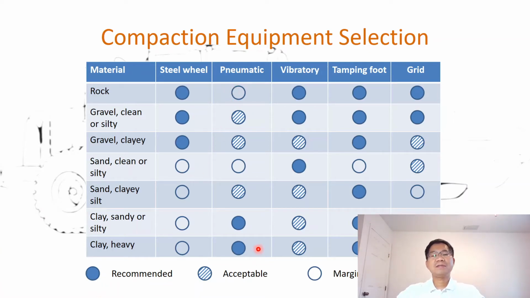For clay, it is pneumatic or tamping foot, and tamping foot can be applied to all other types of material except clean or silty sand. So different equipment can be used for different materials, and cannot be universally applied for all types of material for compaction.